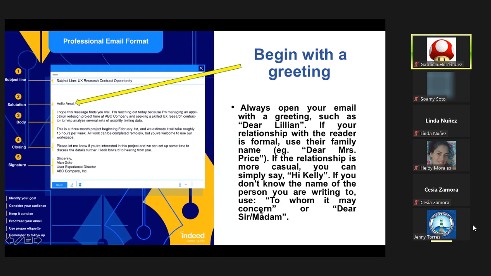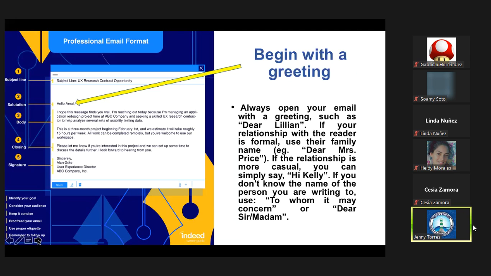To whom it may concern. Ahora, si no quieren usar la frase de to whom it may concern, pueden escribir dear sir / madam. So, dear sir, madam. Siempre al final una coma. Okay? Now, so that's subject and salutation.